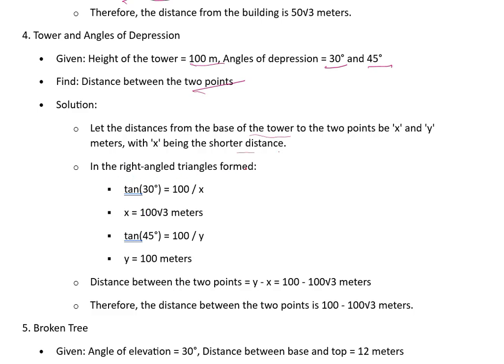In the right angle triangle, tan 30 is equal to 100 by x. x is equal to 100 root 3 meter. tan 45 is 100 by y, so y is equal to 100 meter.